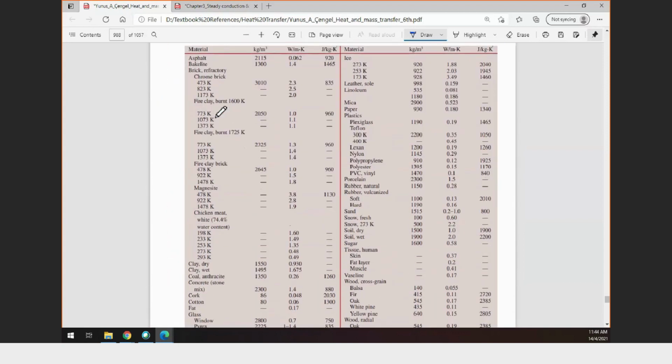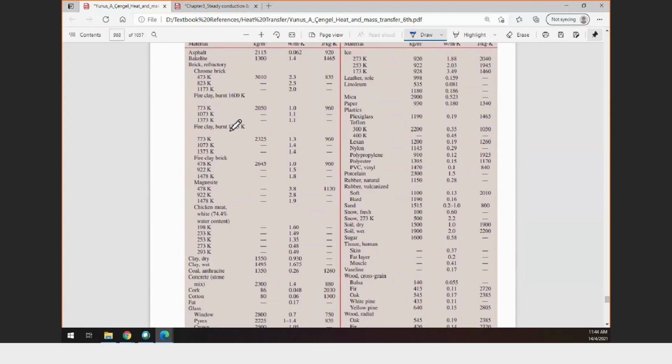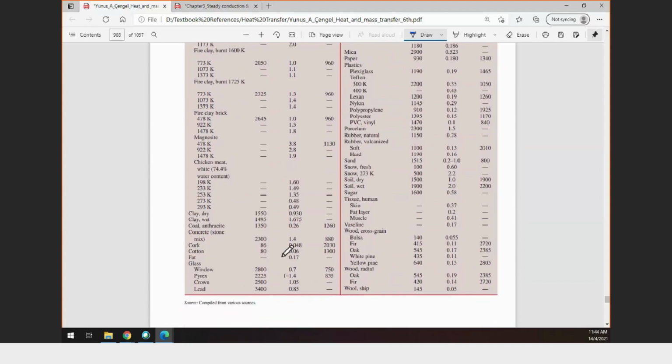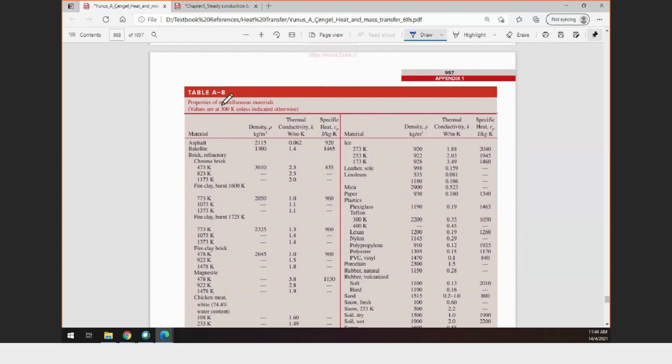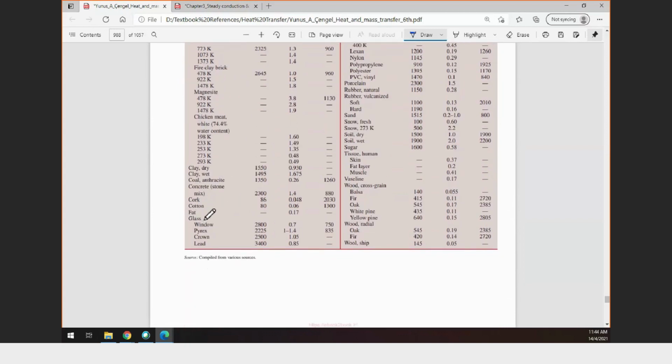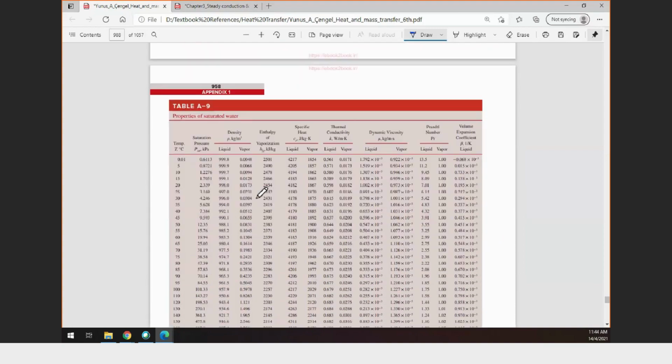Common food is miscellaneous material. Oh, there is another glass here. Yeah, this one. Properties of miscellaneous material, table A8, this is a glass here. 0.7 for window. So clearly this is meant for the window.